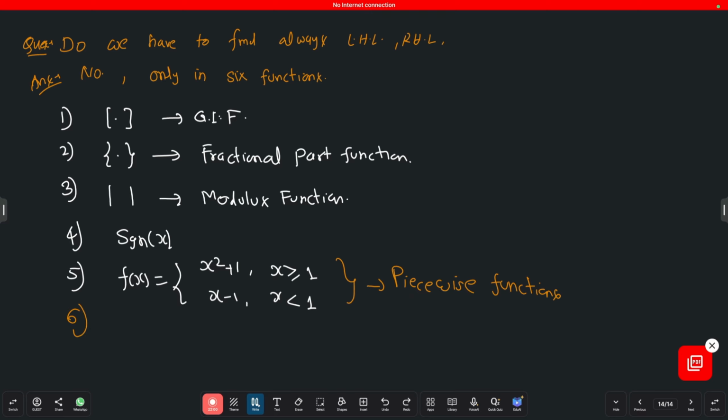Number 6, f(x) of this type, 1 upon x type, 1 upon x square, 1 upon x cube type. Such functions are very rude because they are always not defined whenever x becomes 0. Then such function 1 upon x, 1 upon x square, 1 upon x cube, or something like that, similar functions.